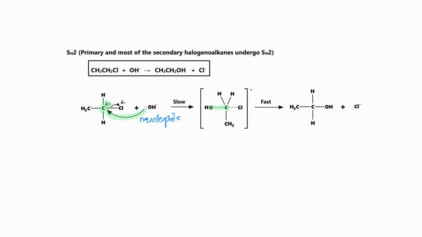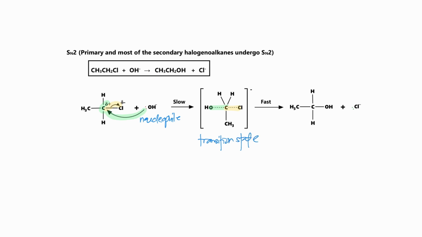And next to go, at the same time, there will be bond breaking. So this process goes together at the same time. So this is where we have the bond forming and also the bond breaking. So this will give us a transition state.